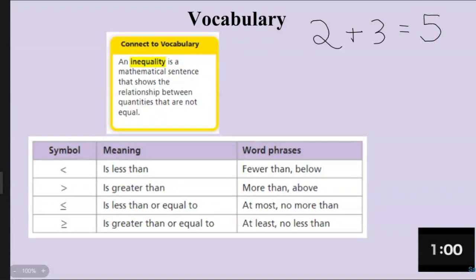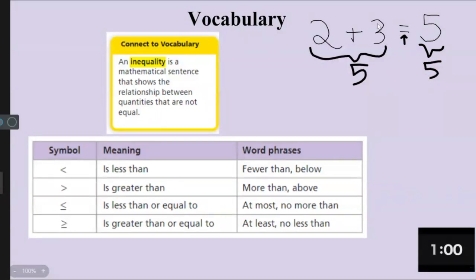The expressions on both sides of the equal symbol are equivalent. We have 2 plus 3, that equals 5, and then we have the constant 5. In this case, this is an equality.